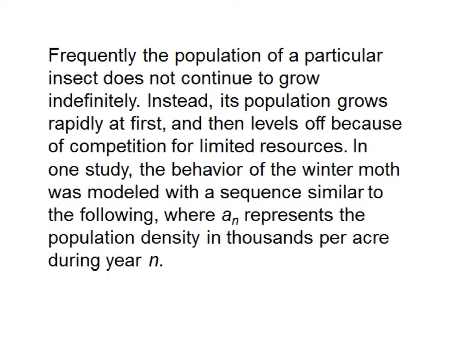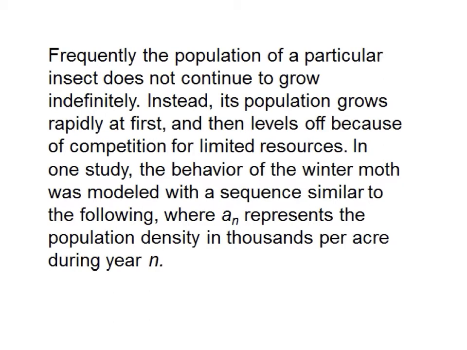The last problem that we look at is going to be a word problem, and it refers to insects where the population doesn't just grow indefinitely. I'm sure you've remembered this from science class, but it's going to level out at some point because of the natural resources available to sustain it. But what happens is that the population will grow rapidly at first, and then it will level off because of those resources.